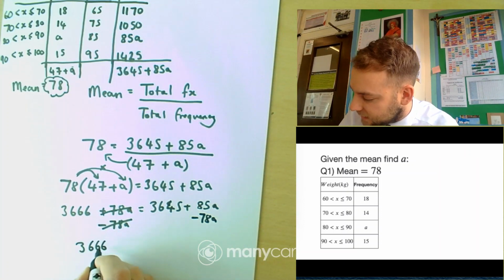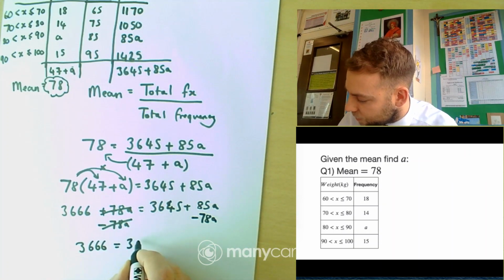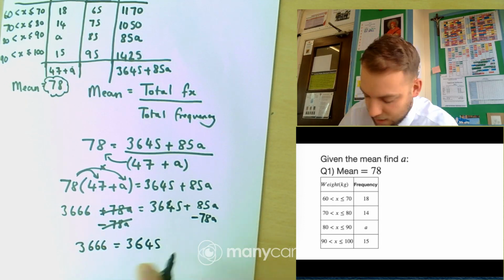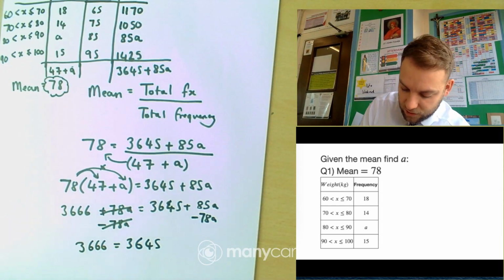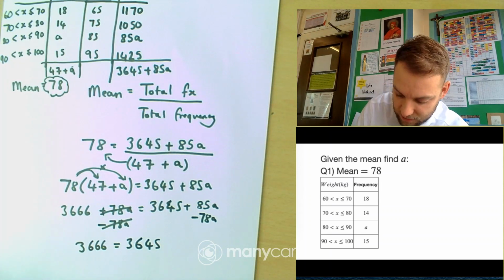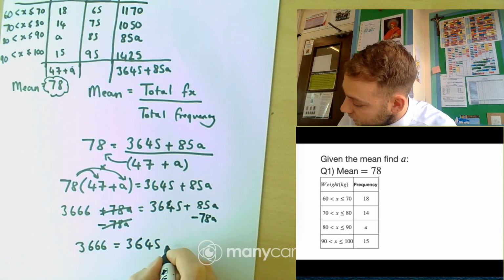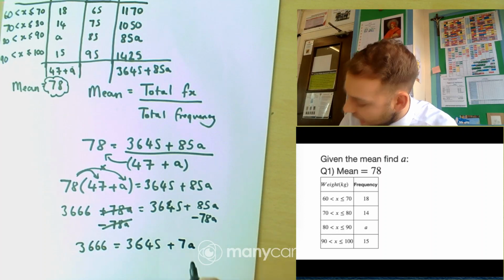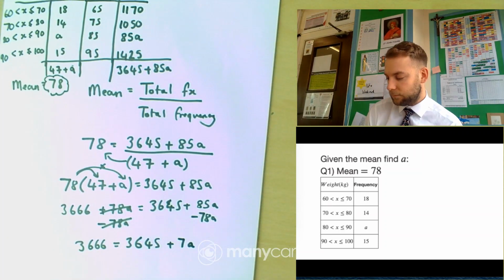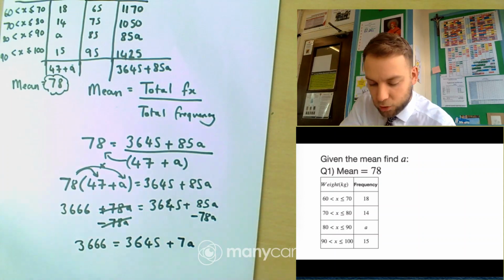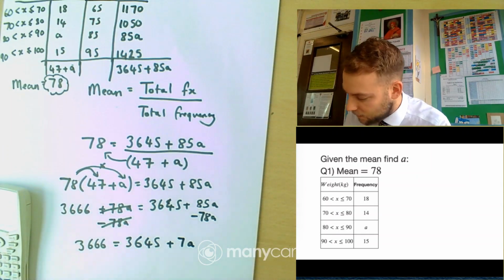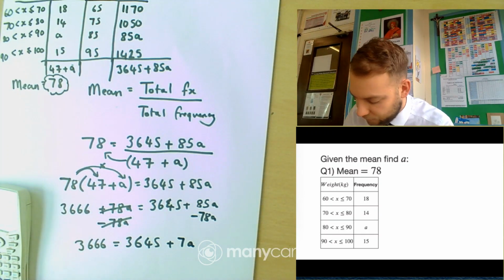I end up with 3,666 is equal to 3,645, 85 minus the 78 is equal to plus 7a. I'm going to subtract both of those.